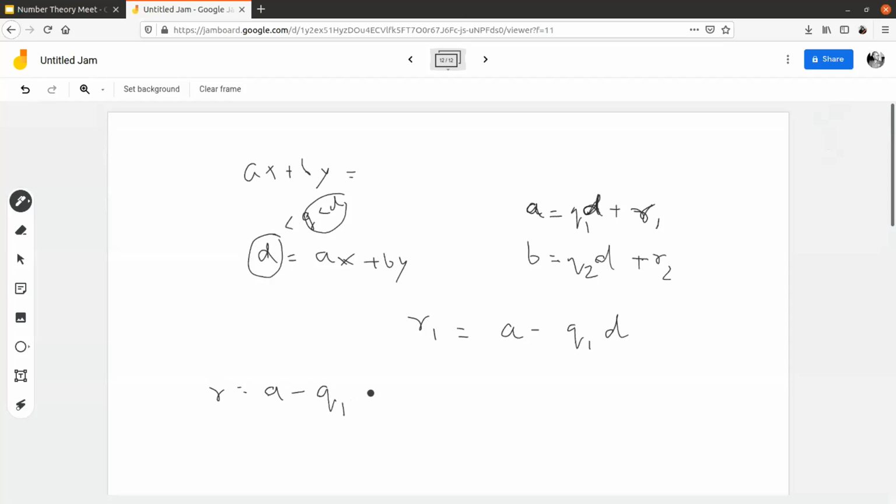Q1. I can put D as AX plus BY. So I'll have A minus Q1 AX plus Q1 BY. This will be minus. So I have A times one minus Q1 X plus, one minus Q1 BY.